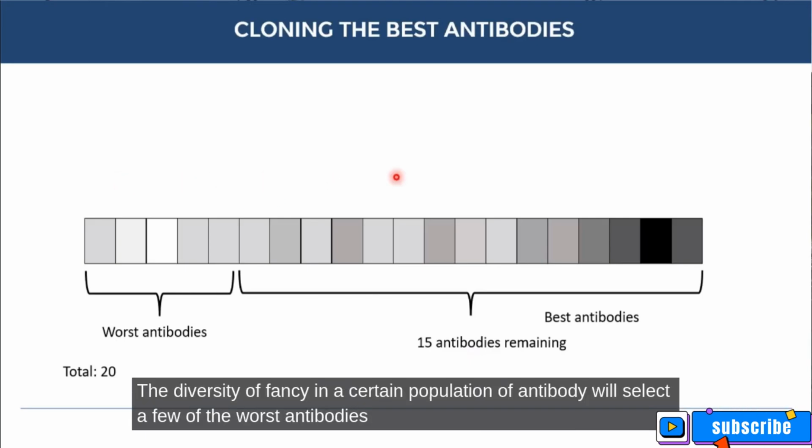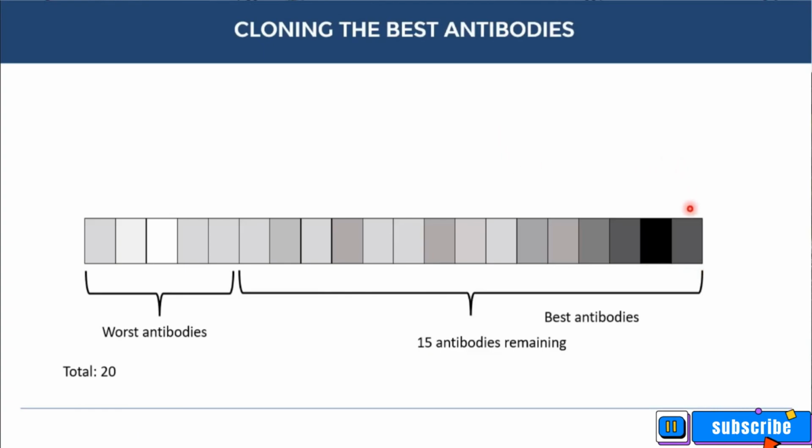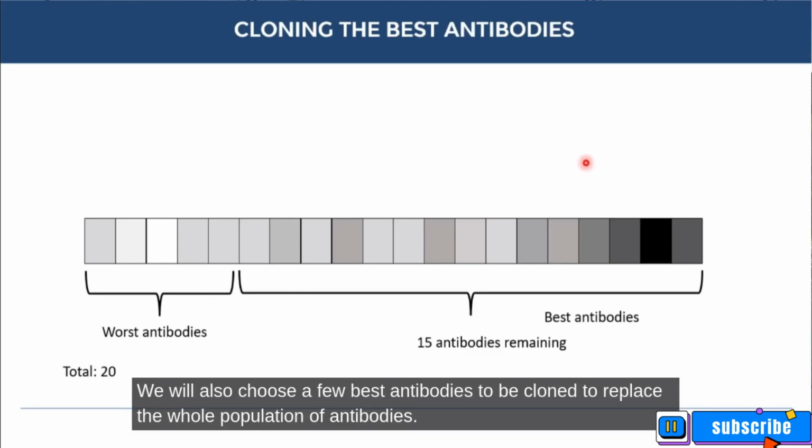And a certain population of antibody will select a few of the worst antibodies to be replaced by completely new antibodies, and the remaining antibodies will be replaced by the best antibodies that we choose. We will also choose a few best antibodies to be cloned to replace the whole population of antibodies.